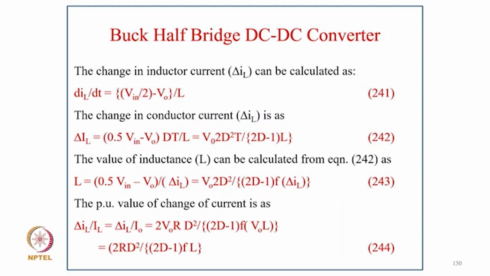The value of inductance can be calculated from L equal to 0.5 V in (V in minus VO) divided by delta IL, that is equal to 2D square divided by (2D minus 1) F delta IL.